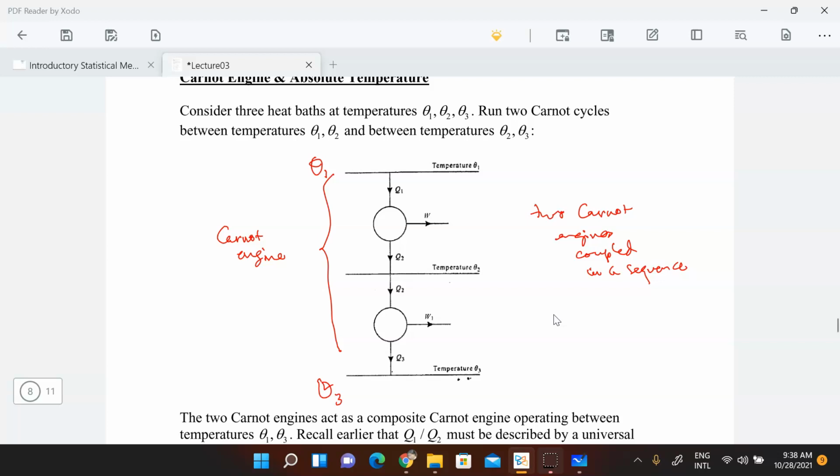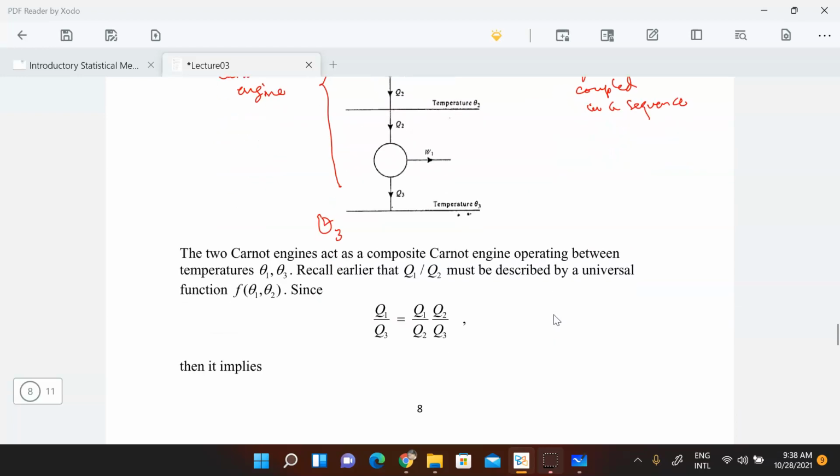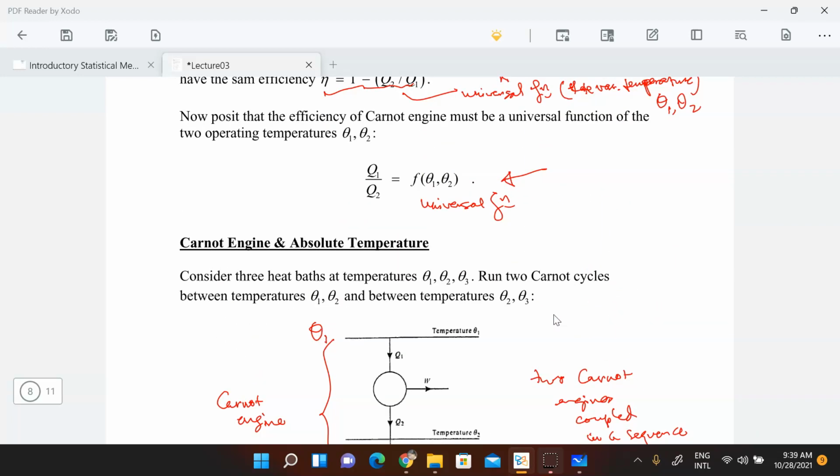So you have three different Carnot engines in play here. So if one looks at, say, the composite case, then you have this ratio, and we should have the same function as before.